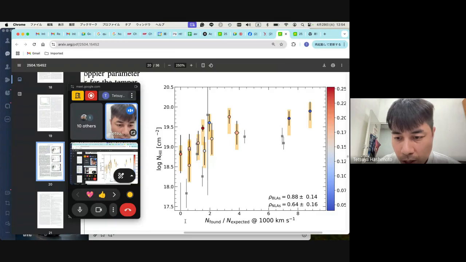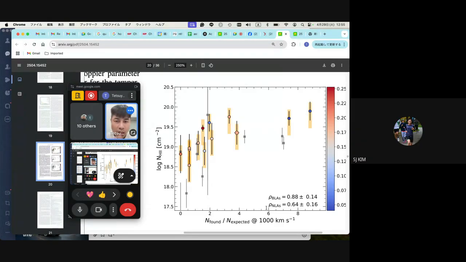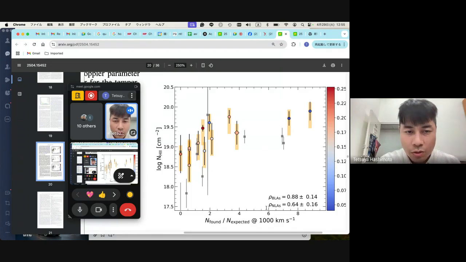And then as a function of the number of galaxies around the line of sight, divided by the number of galaxies expected from the cosmic average. So basically this x-axis is the galaxy number density environment, how many galaxies there are at the redshift of absorbing material. And the y-axis is how much column density you have for this absorption system.